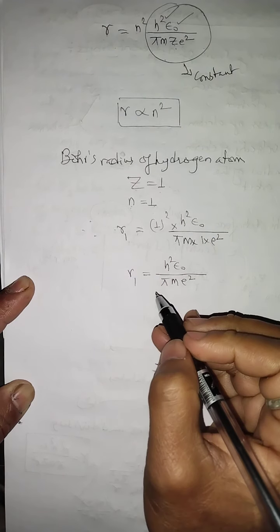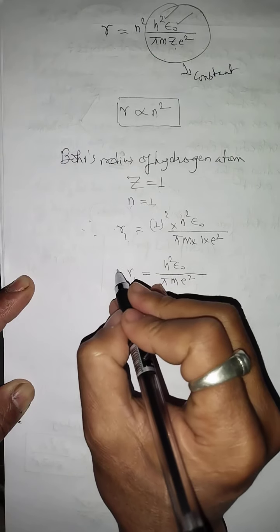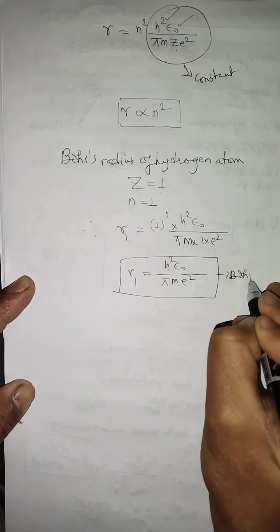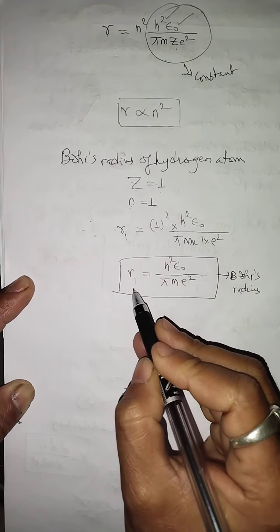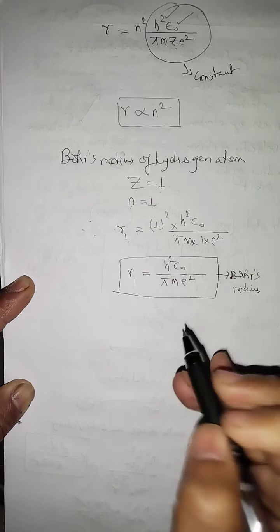Now from this relation we can measure the Bohr radius, and this radius is actually called the Bohr radius. So the Bohr radius of hydrogen atom is given by R1, which is equal to h square epsilon naught by pi m e square.